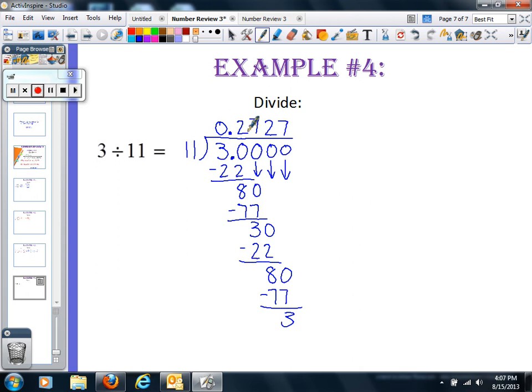By now you should have noticed that this is 27, 27, and this is going to continue, which tells me that 3 divided by 11 equals 0.27 repeating.